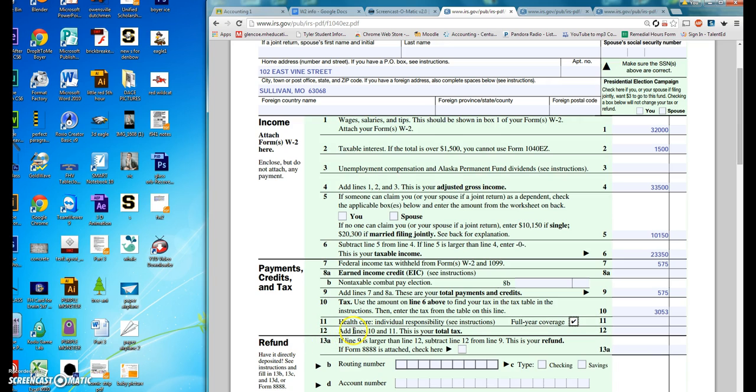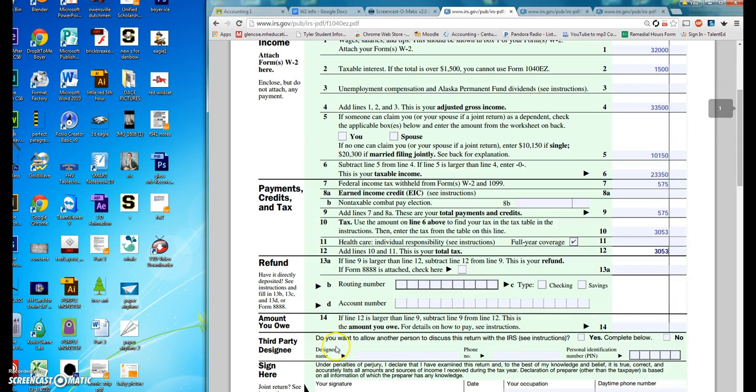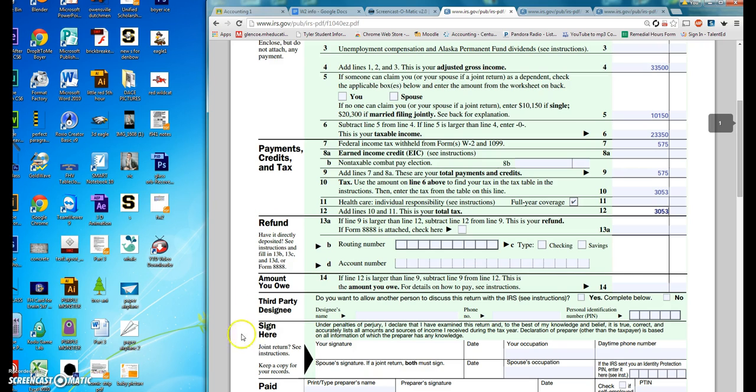Finally, we get to line 12, add lines 10 and 11 together. So I'll calculate 10 and 11, and that will be our total tax, which is $3,053. Now we come down to the last section. Do we get a refund or do we owe money? And if we want to calculate if we get a refund, it says if line 9 is larger than 12.